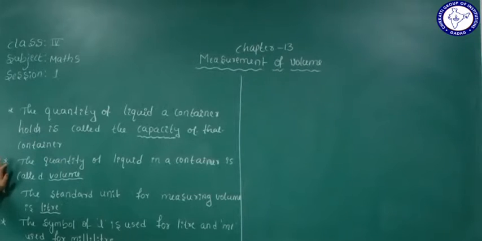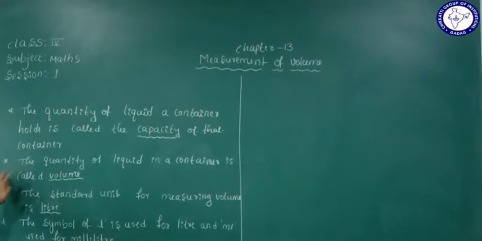Next point, what is the meaning of volume? The quantity of liquid in a container. Whatever container you take, how much quantity of liquid it has, that we call volume.